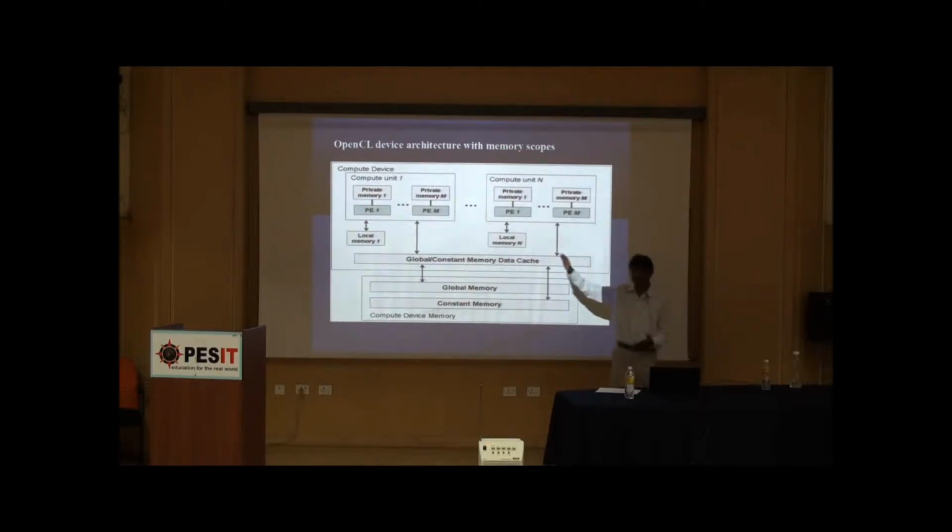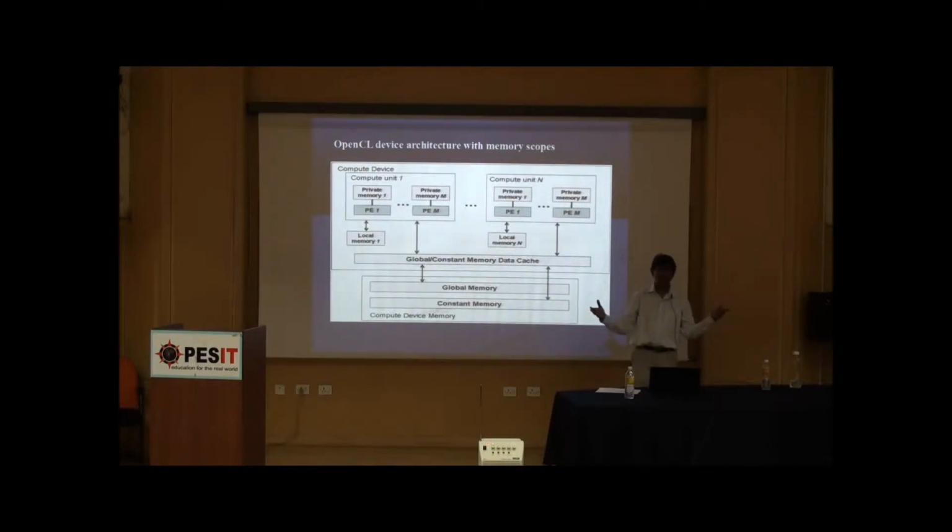To mask everything, they have come up with a generic architecture, like the previous one, the OpenCL compute device. They have come up with a generic memory model. The simplest model: take a simple graphics processor. A graphics processor has its own RAM.